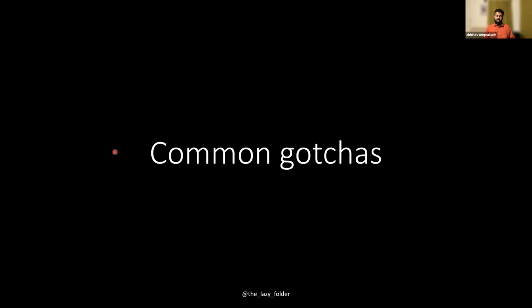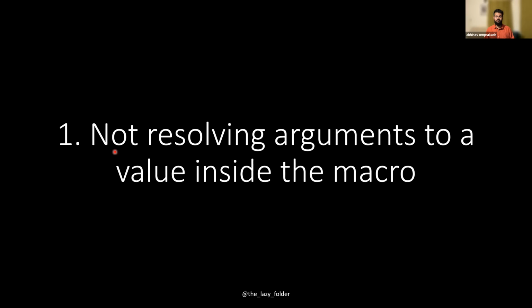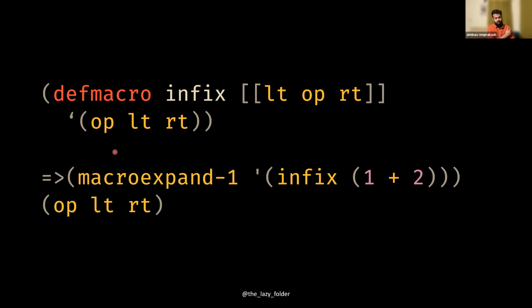So, common macro gotchas. These are mistakes that I still make, and I've made a lot of times. The first one is not resolving arguments to a value inside the macro. So revisiting the infix macro, you see we are returning the symbols the way they are.